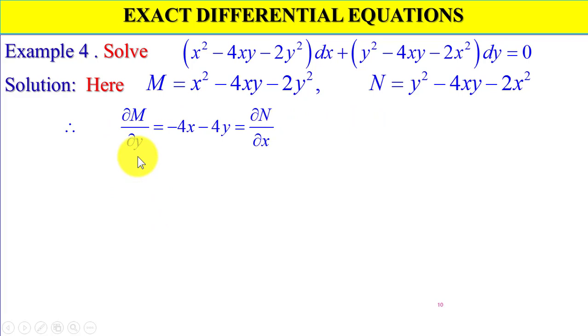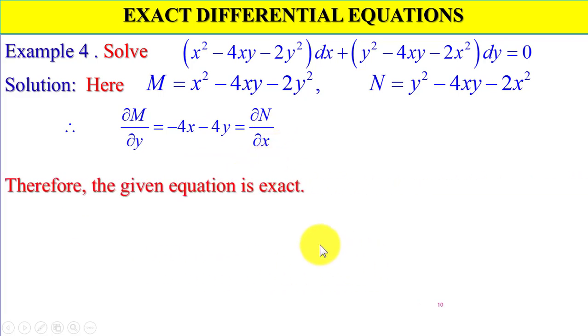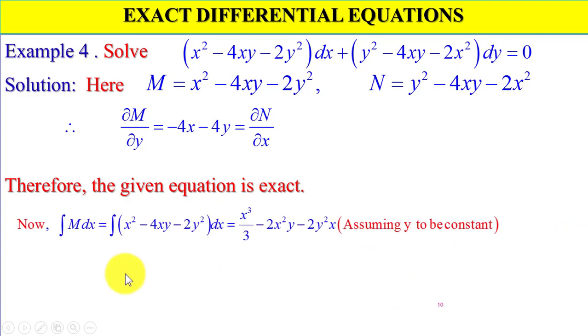Therefore, ∂M/∂y is equal to minus 4x minus 4y is equal to ∂N/∂x. Therefore, according to the theorem, the given equation is exact. Now, by the working rule 1, integrate M dx.